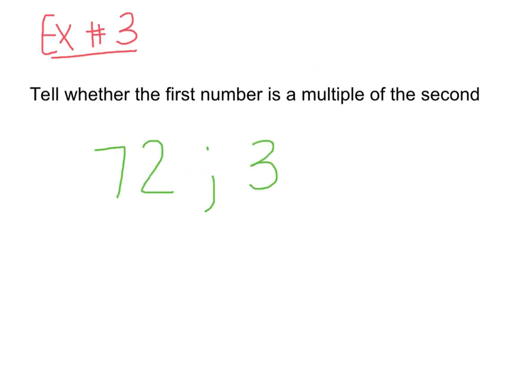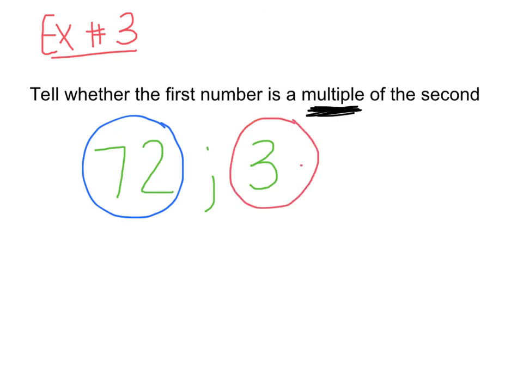All right, example number 3. Now we're going to talk about multiples. And remember I said multiples are basically skip counting. So they want us to tell whether the first number, which is 72, is a multiple of the second number, which is 3. Now this colon here doesn't mean anything in the middle.